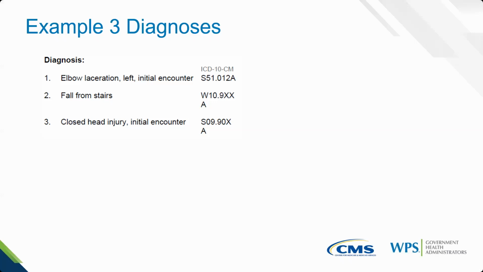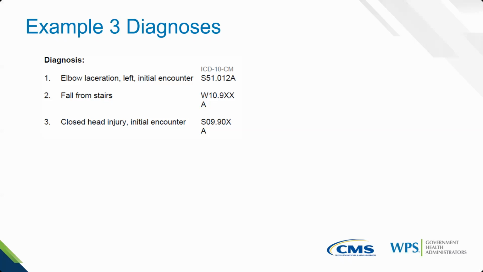Patient is stating they did not hit their head, or they don't think they hit their head. The doctor's exam does not indicate that they hit their head. The doctor's exam also does not indicate that there is something going on, maybe a concussion, maybe an internal bleed, something along those lines. So that's a little concerning with identifying a closed head injury as an actual diagnosis for this patient.